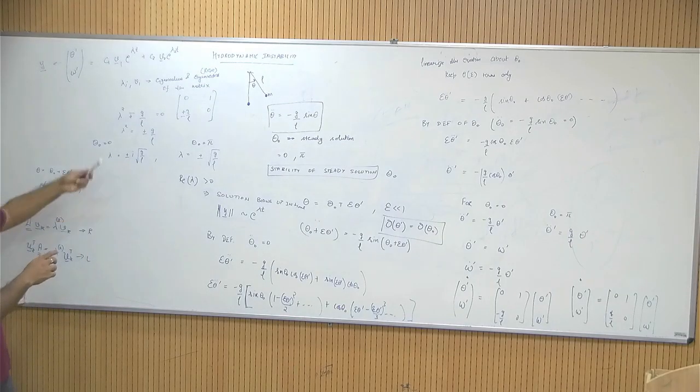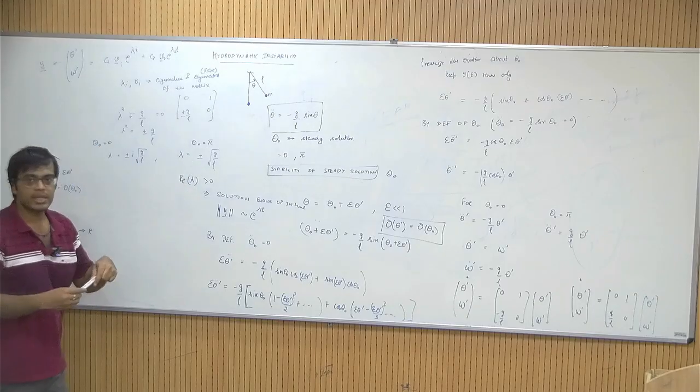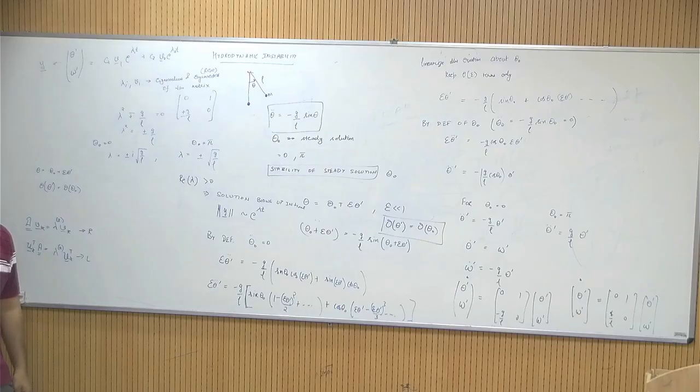Basically, what is this solution trying to say? For theta naught equals pi, there is a solution which grows to infinity. What does it mean? If you start a pendulum here and give a small perturbation, it's going to just keep rotating for an infinite amount of time. The angle of its rotation is going to increase in time exponentially forever.